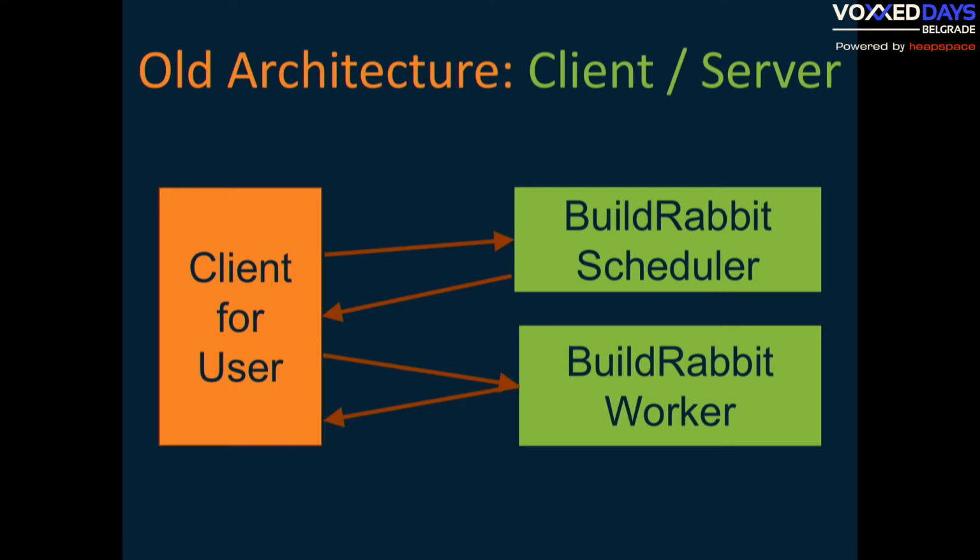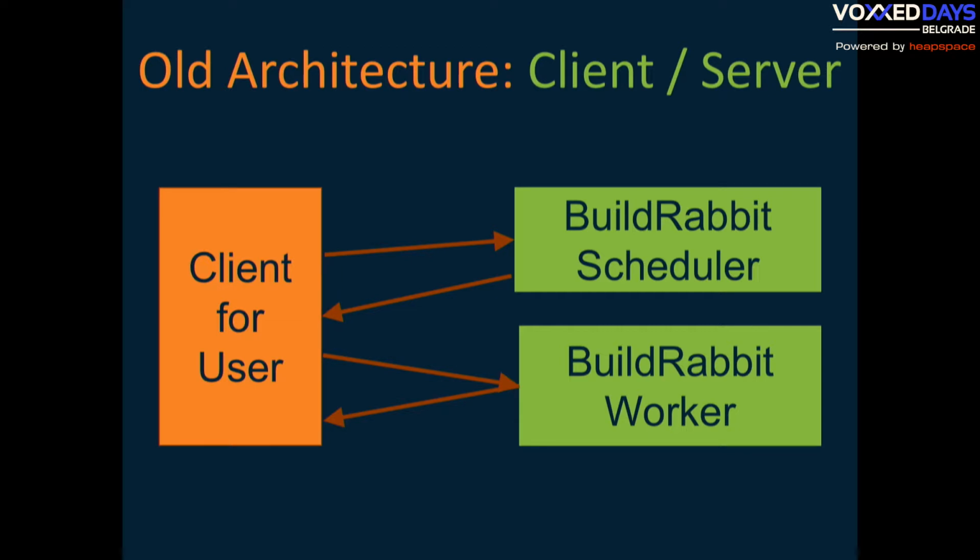And also, you see how it only has one connection to the worker? So if that connection got interrupted, that means all of the build progress was lost, which was a big problem for big builds that take a pretty long time, because that means you had to retry again somewhere else.